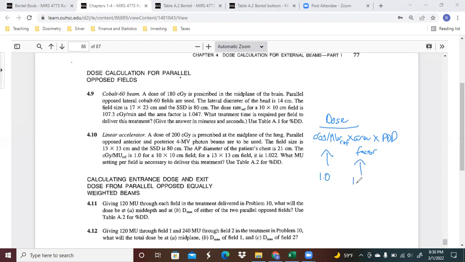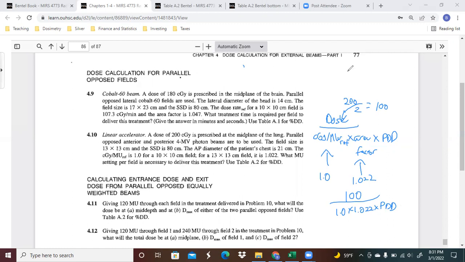We know this is 1.022. And we know the dose is basically going to be 200 centigray because that's what's being delivered, but it's being delivered parallel opposed, so we're going to end up splitting it between the two beams. So what we've got here is 100 divided by 1.0 times 1.022. And the last thing that we have to figure out is the percent depth dose. The question is, what is the percent depth dose?